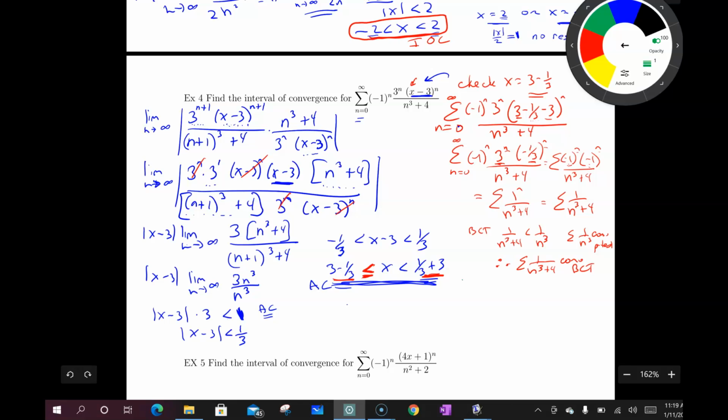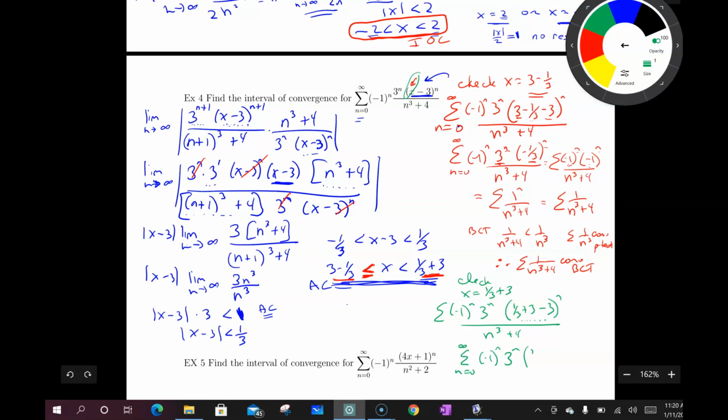So now I'm moving on to checking x equals 1/3 plus 3. So I'm putting that in for x now. So negative 1 to the n, 3 to the n, 1/3 plus 3 minus 3 to the n, over n cubed plus 4, n equals 0 to infinity. Okay, so what happens inside here?